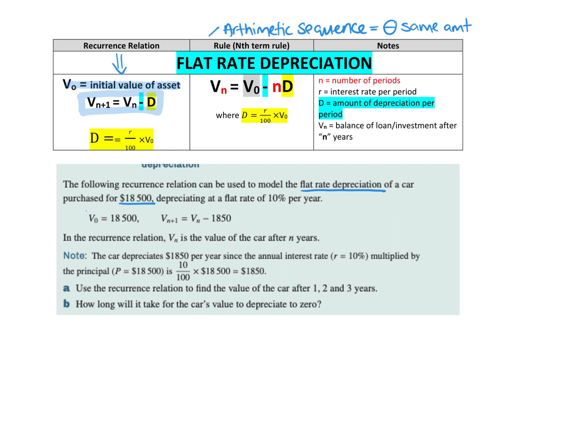So this will model the flat rate depreciation of a car purchased for $18,500. So you can see they just told me the V0, and they said that it depreciates at a flat rate of 10% per year. They could say that as 10% per annum. So maybe just put that there so you're remembering, if they write 10 PA, that's the same as 10% per year.